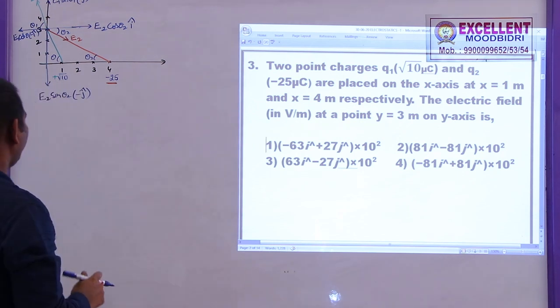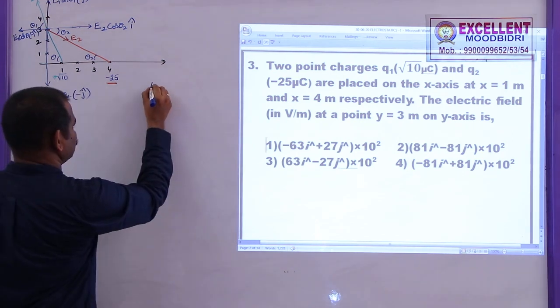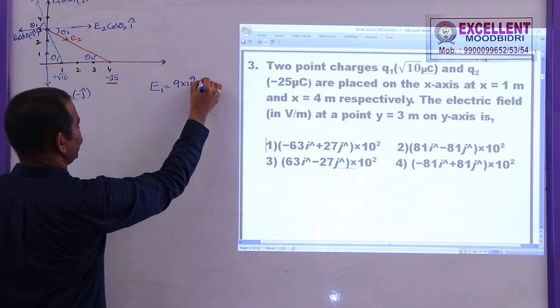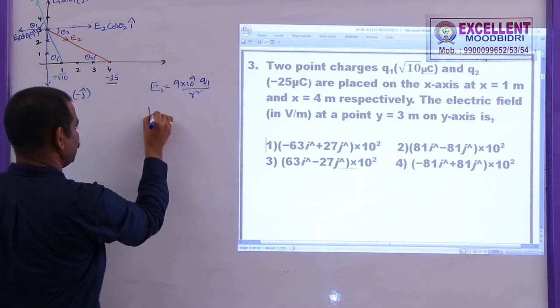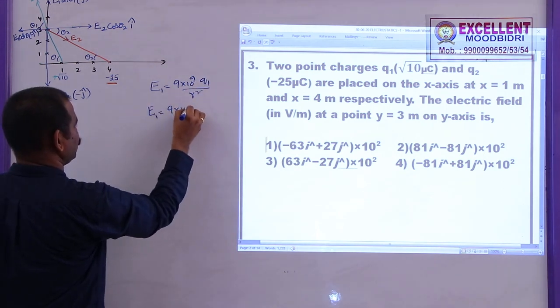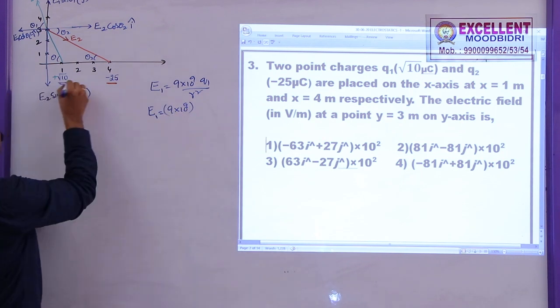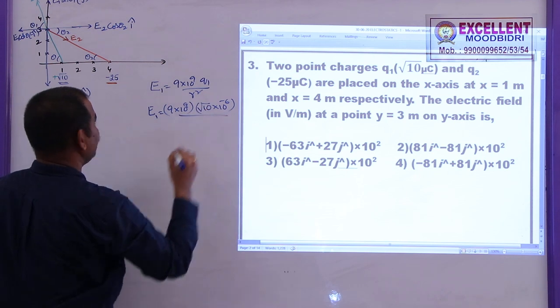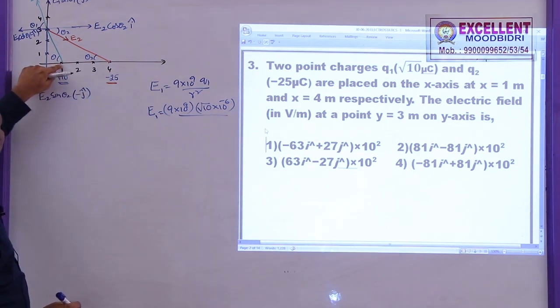So let me find the magnitude of E1 and E2 first. E1 is given by 1 by 4 pi epsilon naught, that is 9 into 10 power 9, Q1 by R square. What is Q here? Root 10 microcoulombs. And what is the distance of this charge from this point?